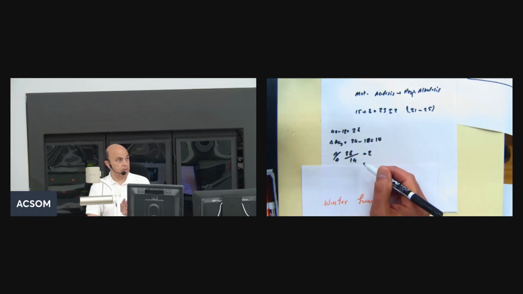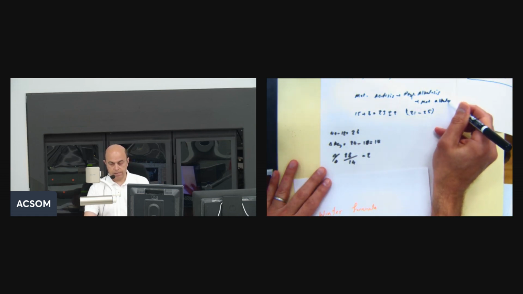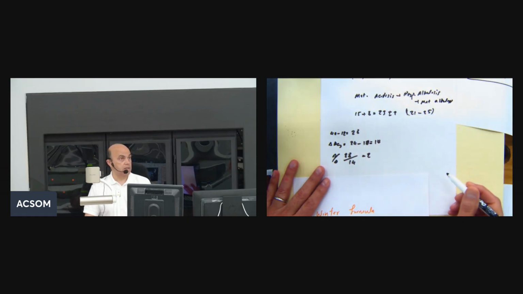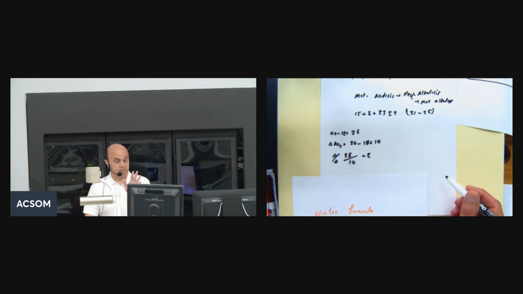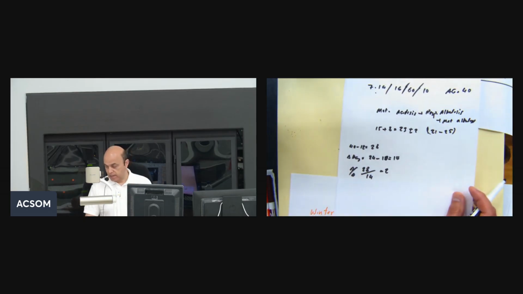And I said any number above 2 has metabolic alkalosis too. So this one has metabolic acidosis plus metabolic alkalosis. It's the toughest one, and it's so impressive that you guys are still first year and you're able to do this one.